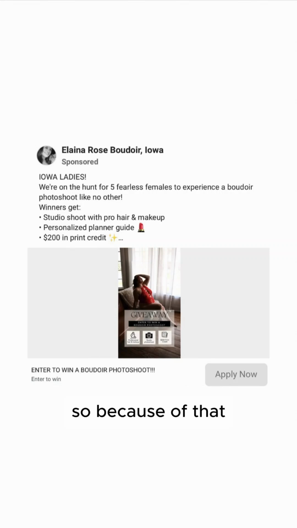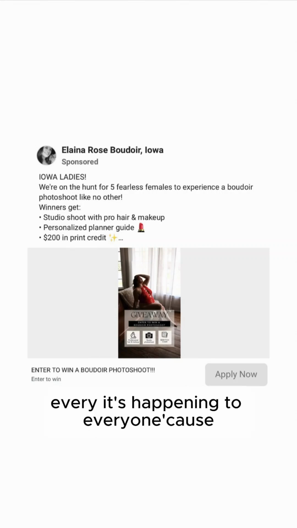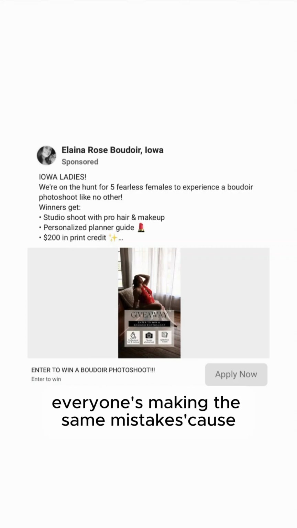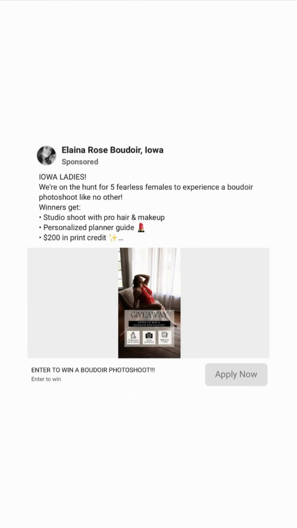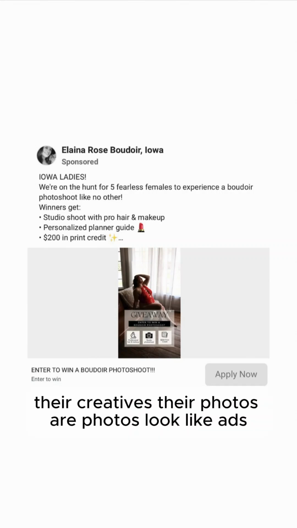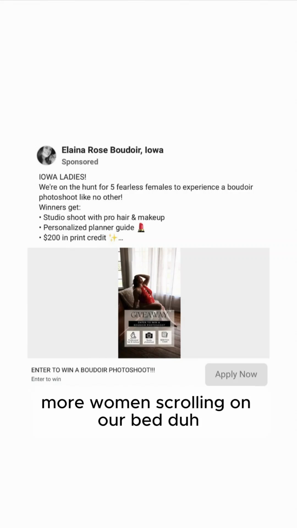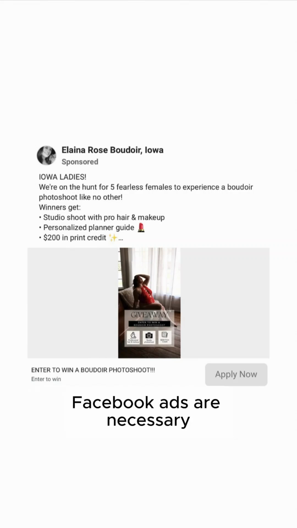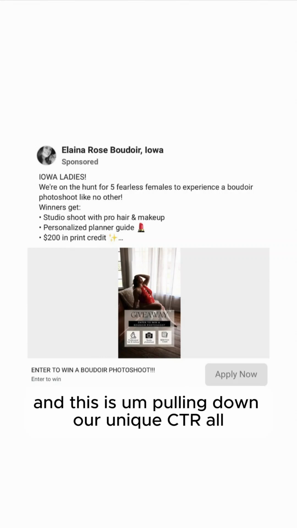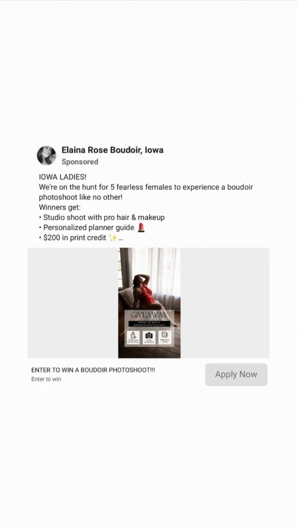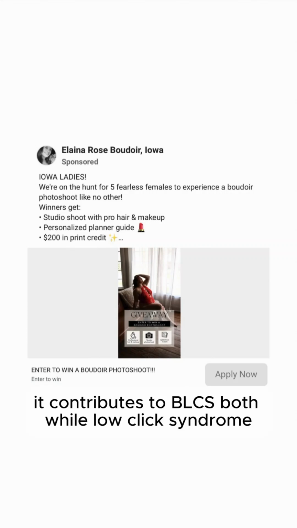So because of that, it's happening to everyone because everyone's making the same mistakes because everyone's ads look like ads, or at least their creatives. Their photos look like ads. So the consequence of this, way more women scrolling by our Boudoir Facebook ads than necessary. And this is pulling down our unique CTR. When it's pulling down our unique CTR, it contributes to BLCS, Boudoir low click syndrome.